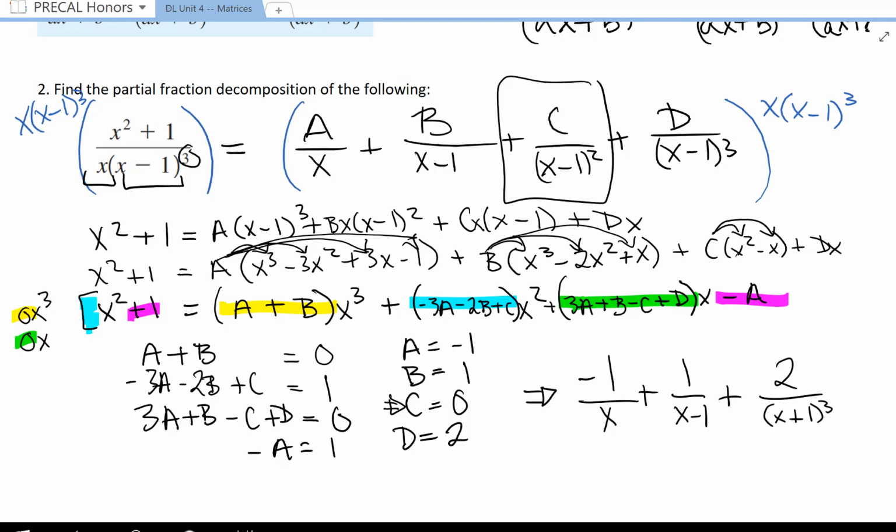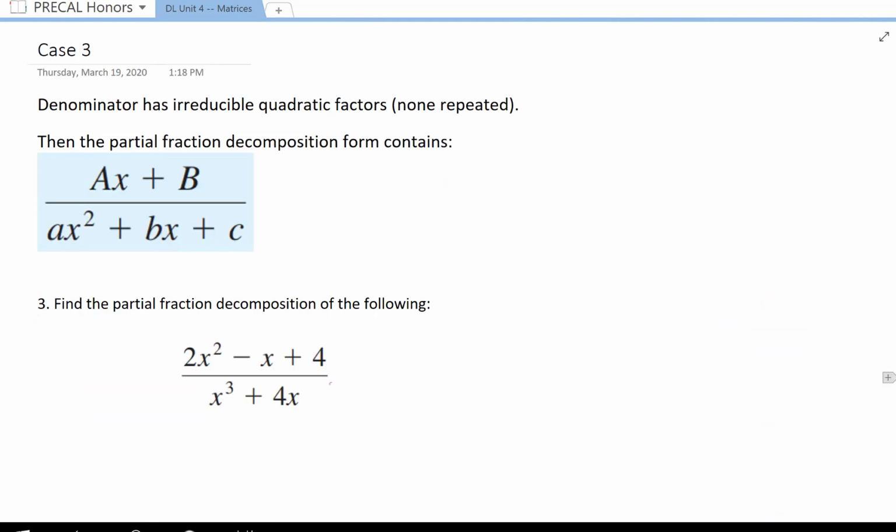Case 3. Denominator has irreducible quadratic factors. None are repeated. Then you're going to have a quadratic factor in the denominator of one or multiple of your partial fractions. So let's do this one. First of all, we're going to factor out q of x. So x cubed plus 4x is our denominator, which I'm calling q of x. Factor out the x squared plus 4.